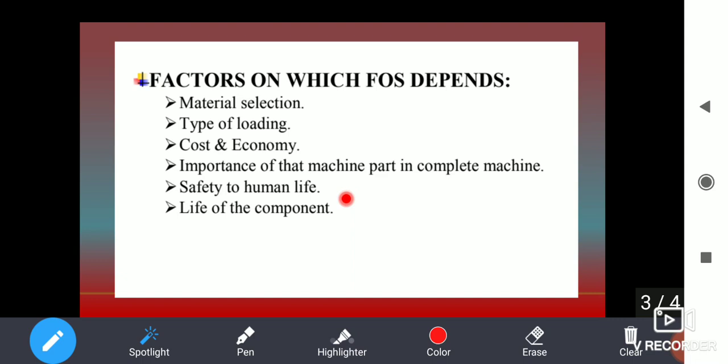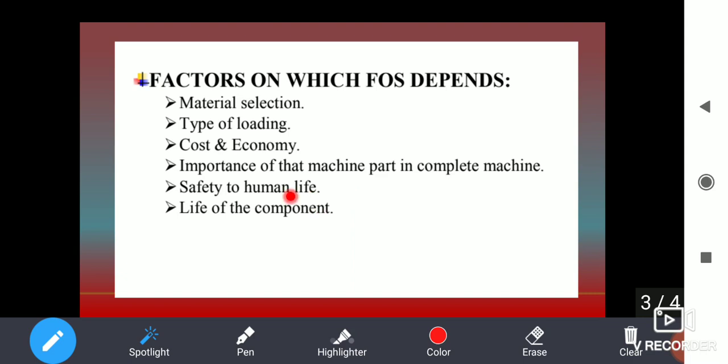At that point, we cannot consider the cost factor, because we have to first go for human safety only. When we are designing an aeroplane or a train, we must consider human life as the most important factor, which is very much higher than the cost of the product. So we would consider a huge factor of safety, and we don't compromise on the material or the cost.